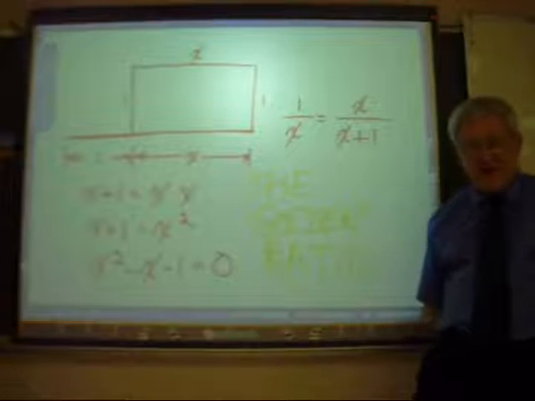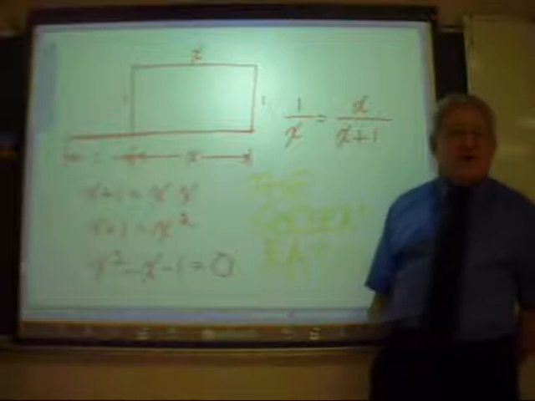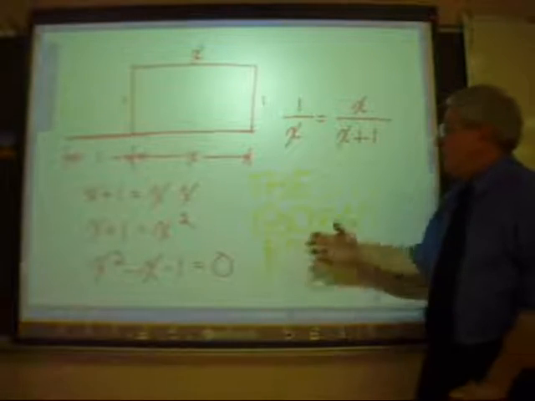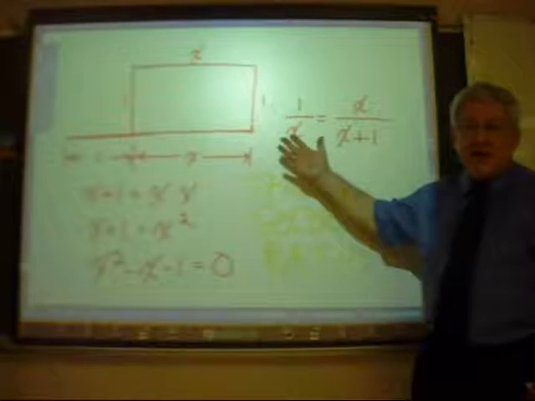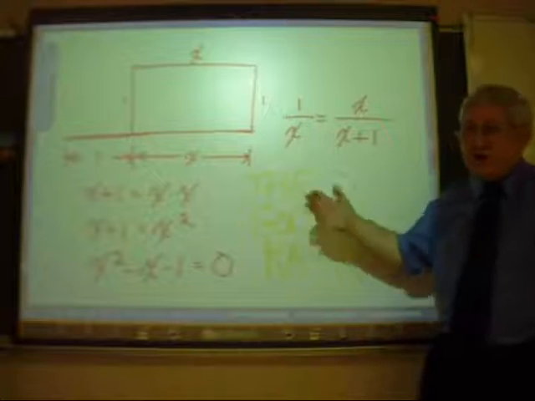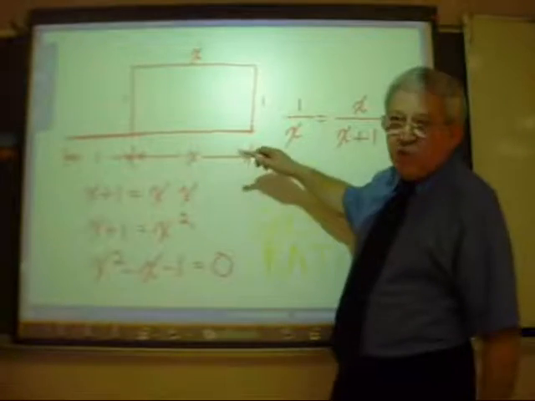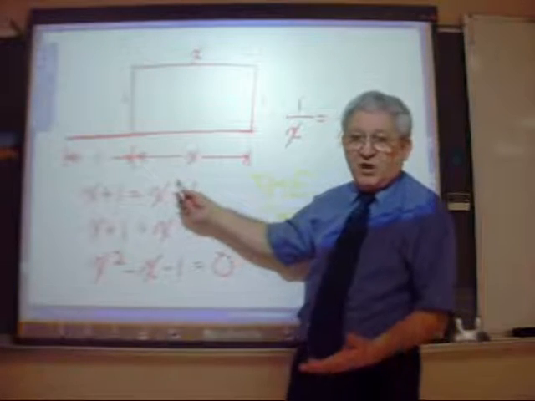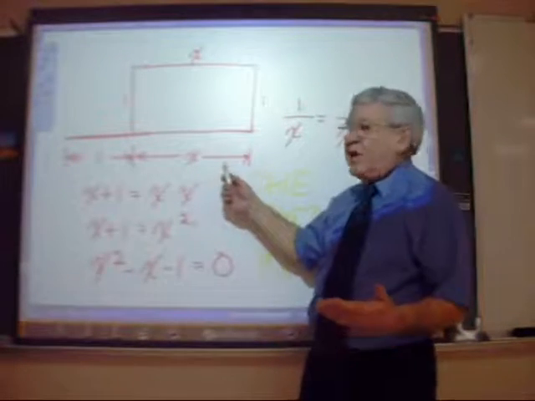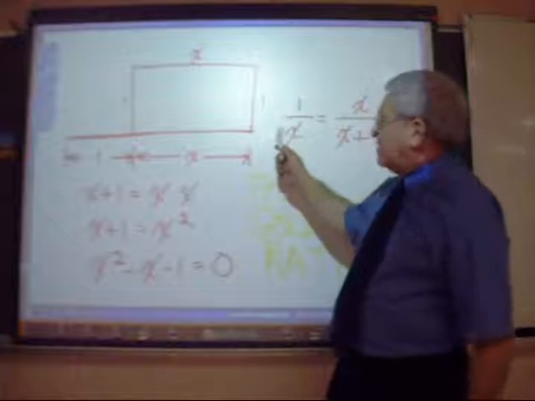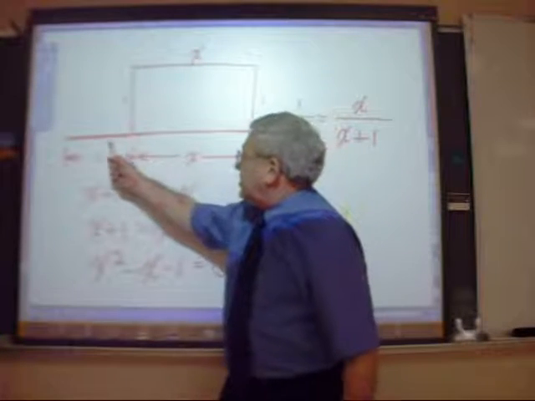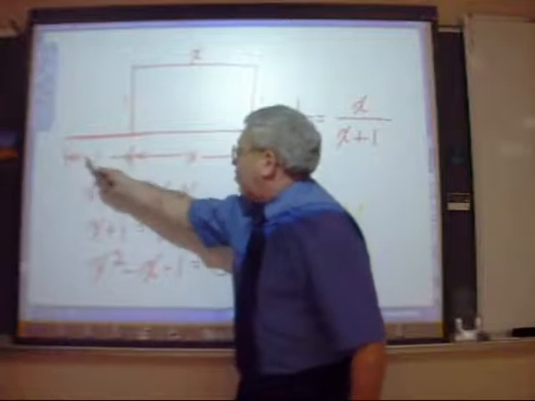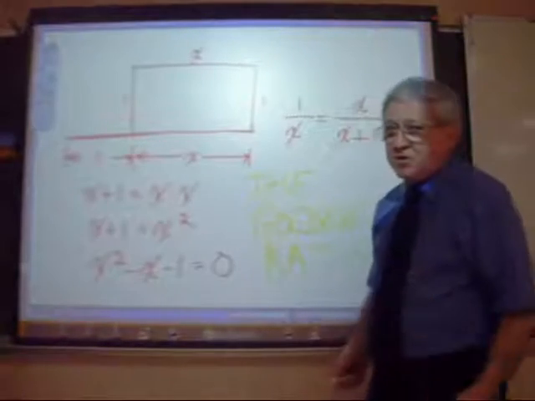So first of all, to find the golden ratio, we take a rectangle that we think is the most pleasing rectangle, and we put for the length of one of the sides 1, and for the other side, the side we don't know, x. Now we construct this so that this line sticking out here is also 1, and then we set up a ratio.